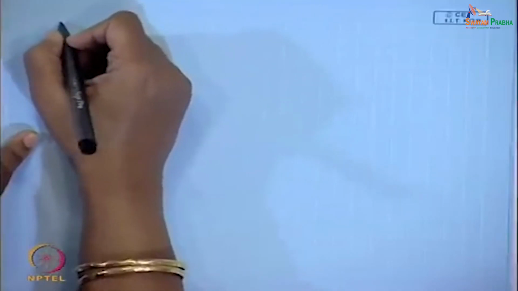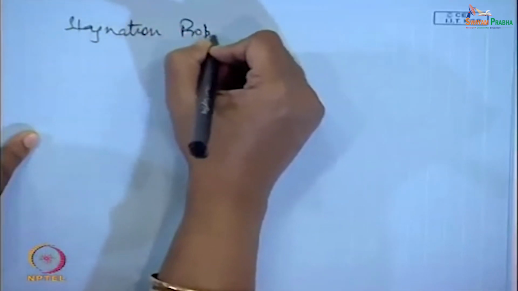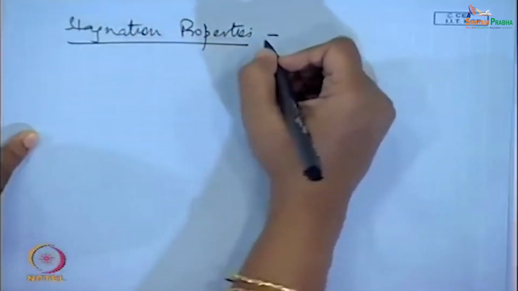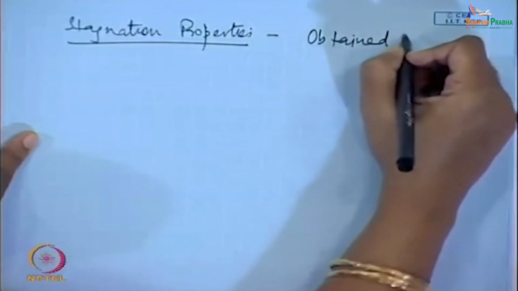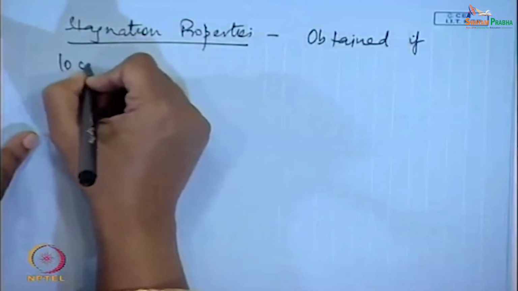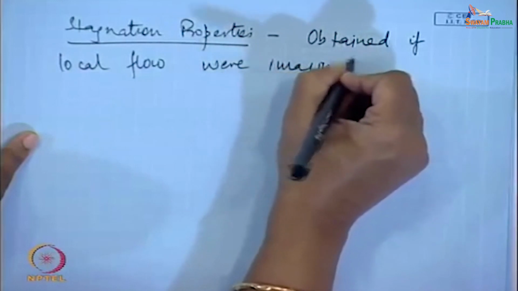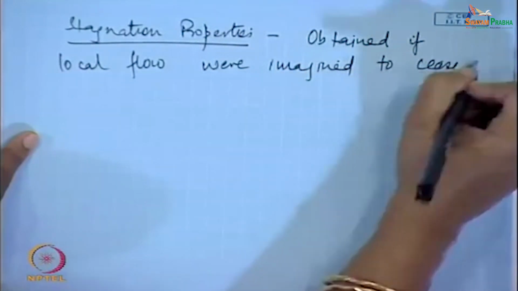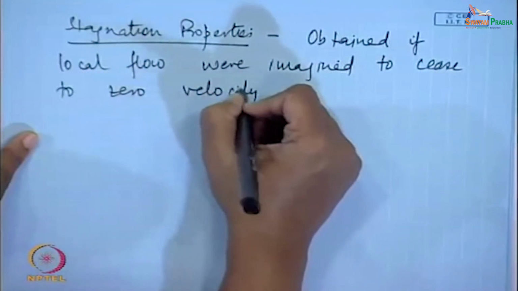So, the stagnation properties are defined as those properties which are obtained if the local flow were imagined to cease to 0 velocity isentropically.